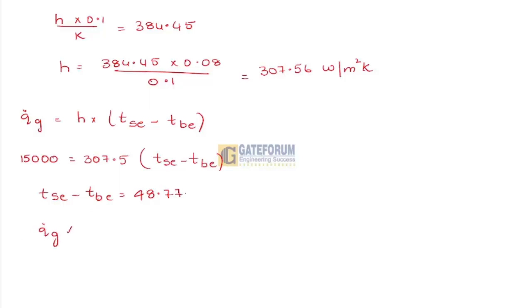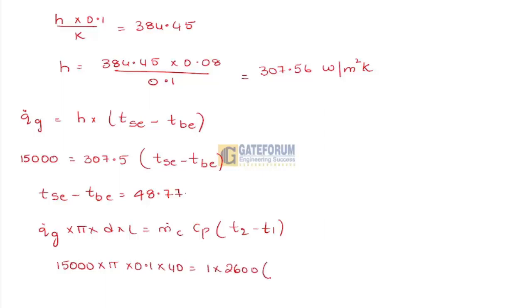q double dot into pi into D into L is equal to m Cp into T2 minus T1. From here, 1500 into pi into 0.1 into 40 is equal to 1 into 2600 into TBE minus TBI. Let it be equation 2. Got it?